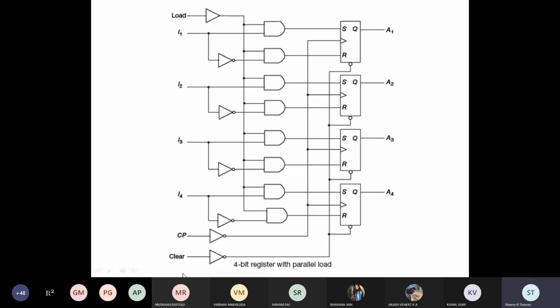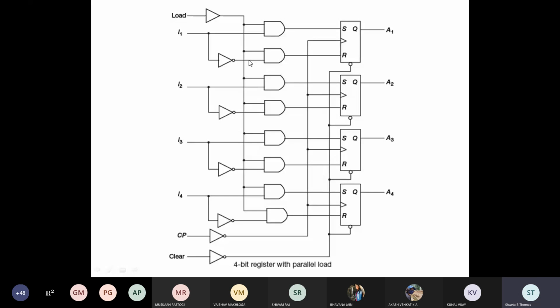So what is actually the working of this register with parallel load? Some difference is there. Instead of putting the direct input S and R, it is given with the help of the load input. That means the inputs S and R are controlled with the help of the load input with an AND gate. We will have the inputs S and R when this load is 1.